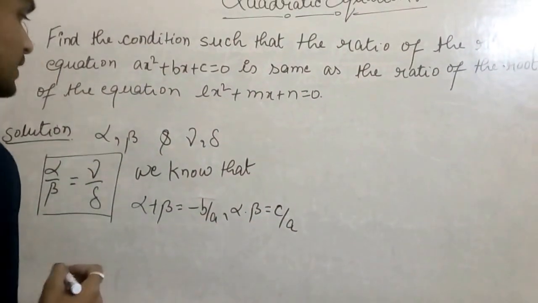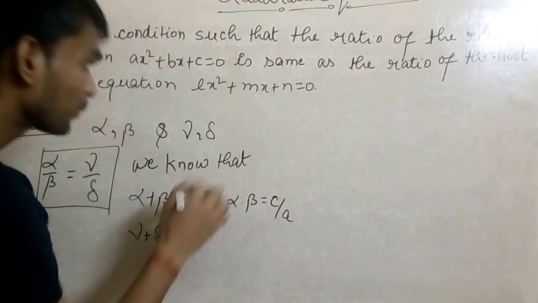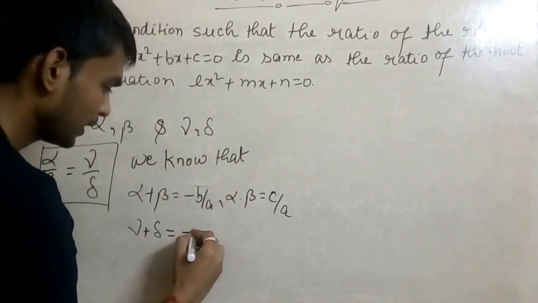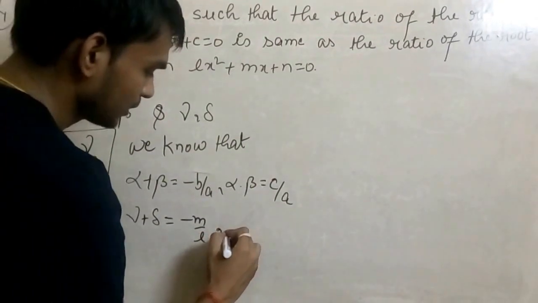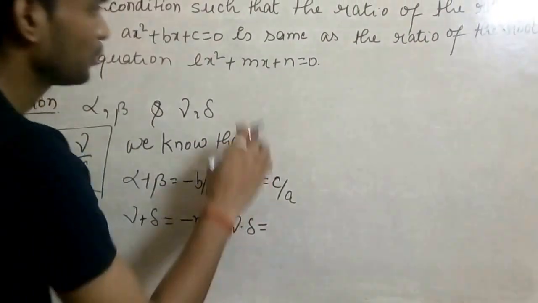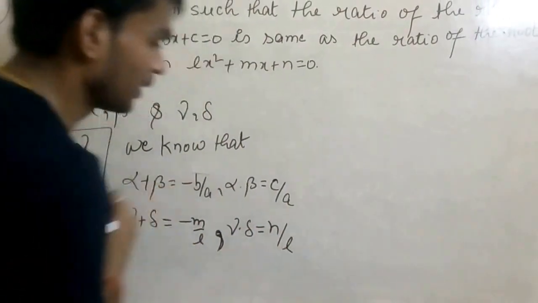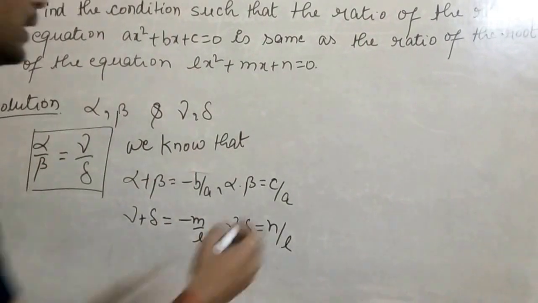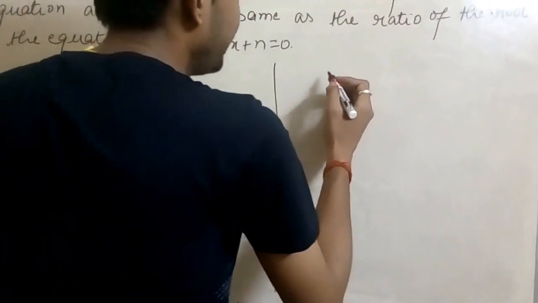Similarly, gamma plus delta from this equation we get minus m by l, and gamma into delta equal to n by l. Okay, fine.